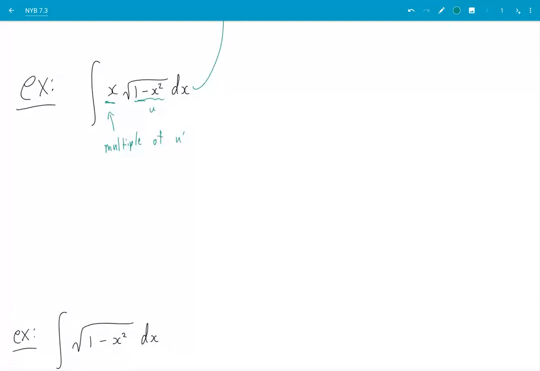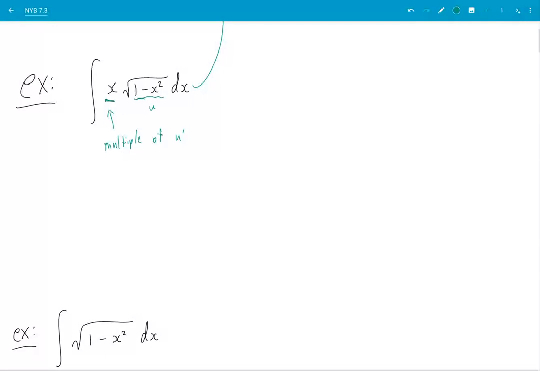Okay, but what do I do if that x is taken away? Well, you may want to pause and try u equal to 1 minus x squared, just to convince yourself that I need some new ideas here. So what I'm going to do is make use of trig identities.